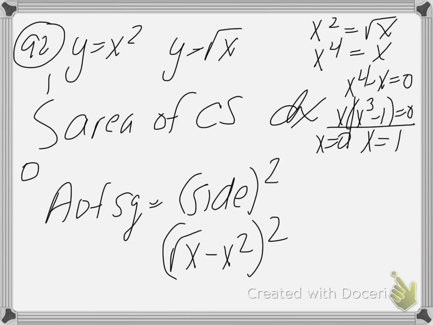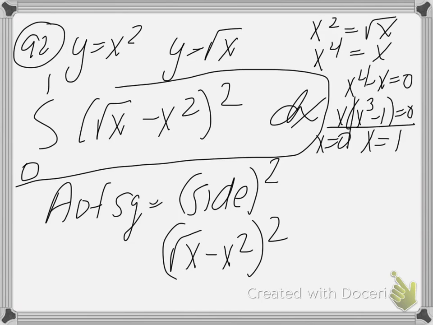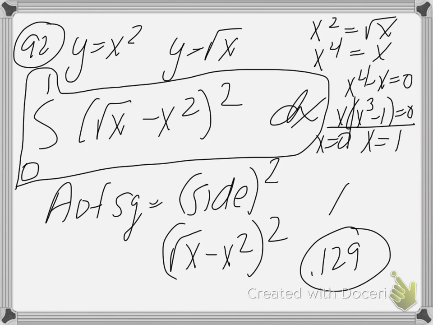So we're just going to take out this piece here and put in the area, which is radical x minus x squared, all squared. You're going to throw this into your calculator, and when you do, you're going to get, I believe it was A, which is 0.129. Choice A, and that's it. Multiple choice is done.